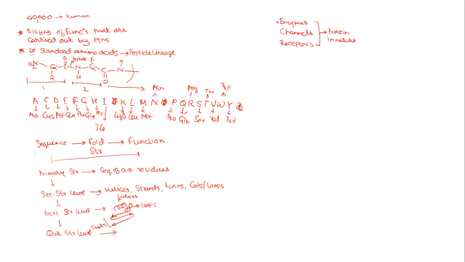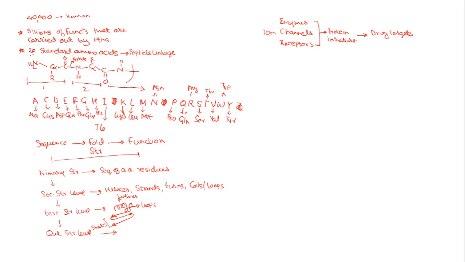These enzymes, channels, and receptors are the main drug targets. It can be ion channels, receptors like G protein, enzymes like DHFR, cyclooxygenases. All these drug targets are eventually proteins in nature.